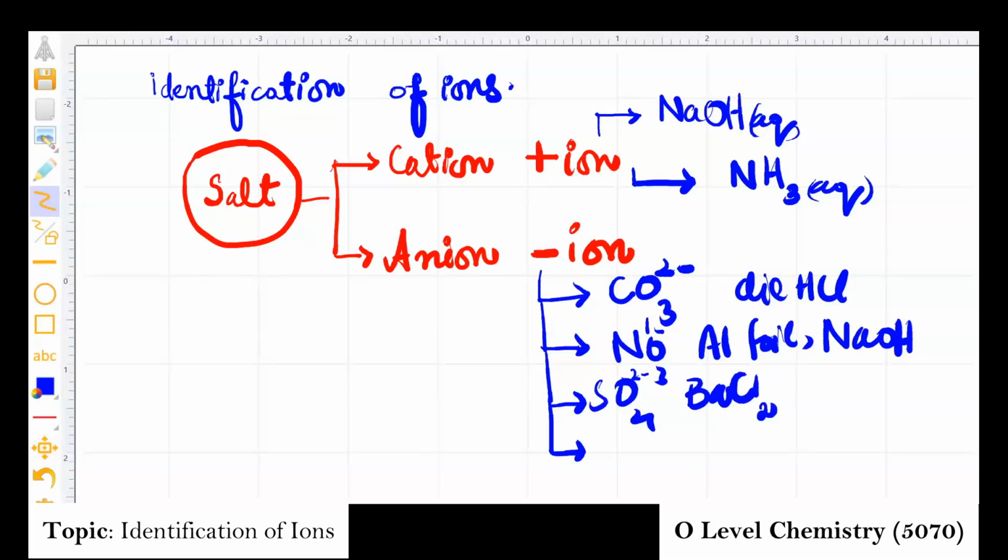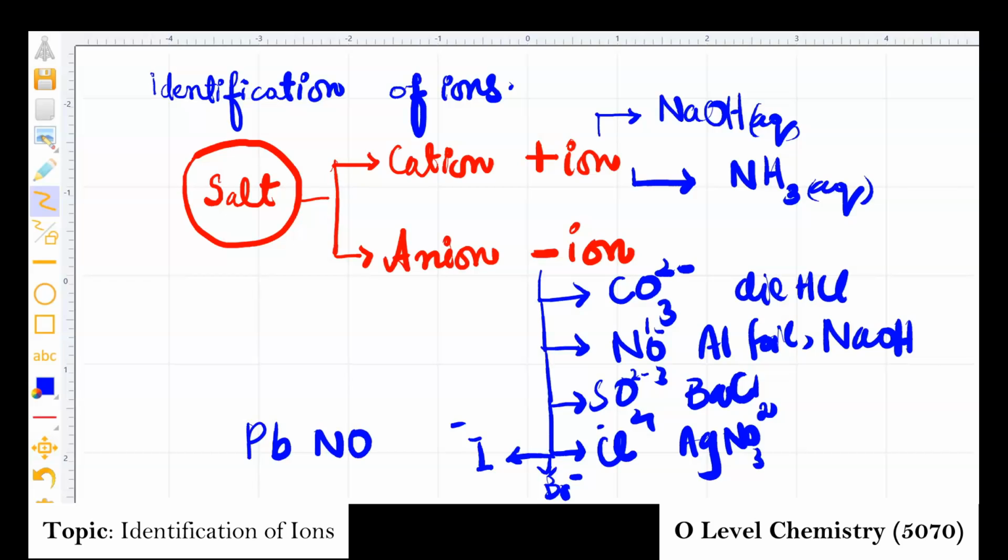For chloride, we use AgNO3, and here I want to tell you that we can identify iodide and bromide through AgNO3, but for iodide we can also use lead nitrate.